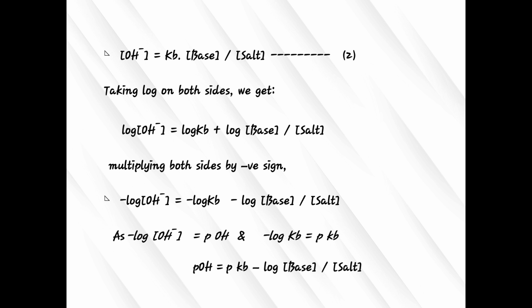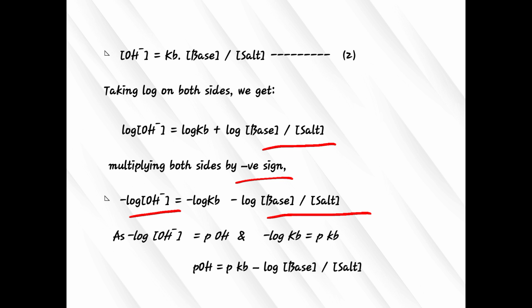Taking log on both sides, we get log concentration of OH− equals log Kb plus log of the concentration of base divided by salt. Multiplying both sides by a negative sign, we get negative logarithm of OH− equals negative log Kb minus negative log of the concentration of base divided by the concentration of salt.